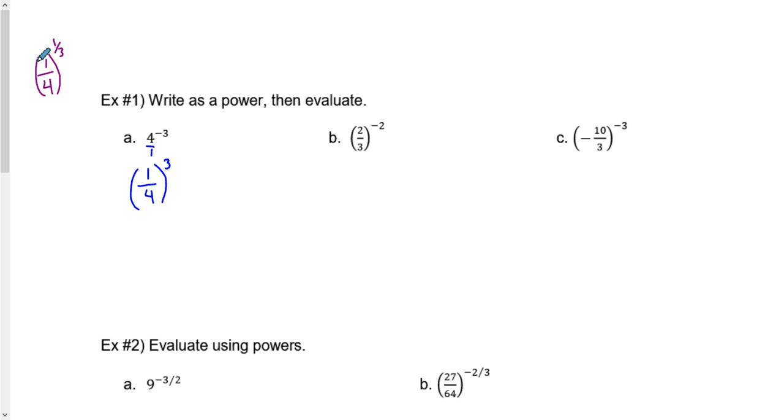You don't take the reciprocal or you don't do this. Both of these are so very wrong. The negative only takes the reciprocal of the base, or converts our base into its reciprocal. After that, then we can distribute our exponent onto the numerator and denominator. 1 cubed and 4 cubed. 1 cubed being 1 and 4 cubed being 64.